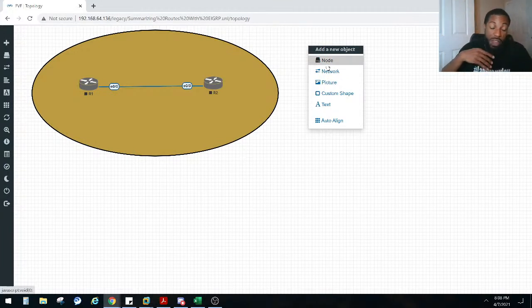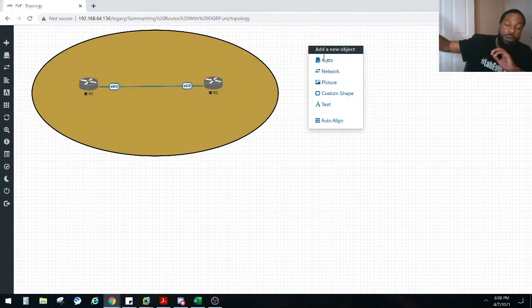As a matter of fact, a default route would be considered a summarized route. When you do IP route 0.0.0.0 0.0.0.0, that would be considered your default route. But that's in a way a summarized route. You're saying, take all of this traffic that you don't know where it needs to go, send it that way, right?